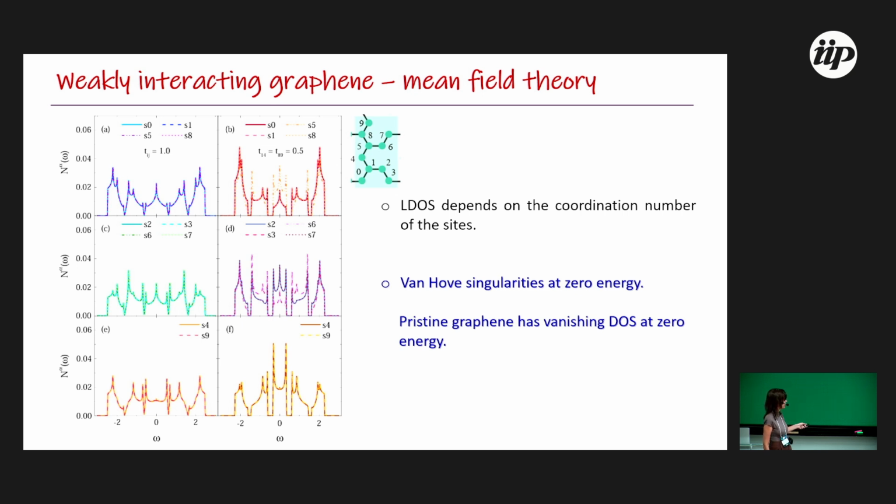So here, 4 and 9 mean these sites on the unit cell. This Van Hove singularity at 0 energy is telling us that you really have a good chance of instabilities at the Fermi level that could drive a phase transition to a strongly correlated phase.